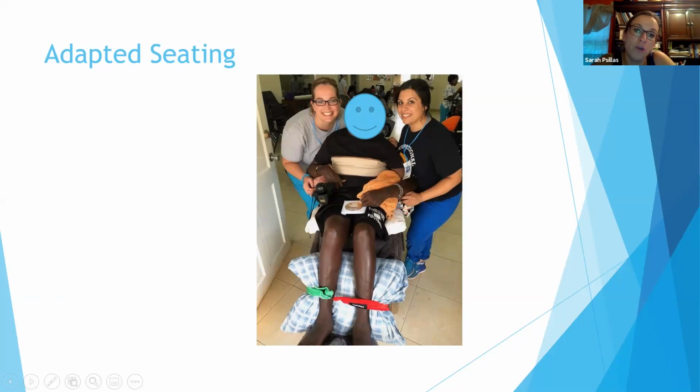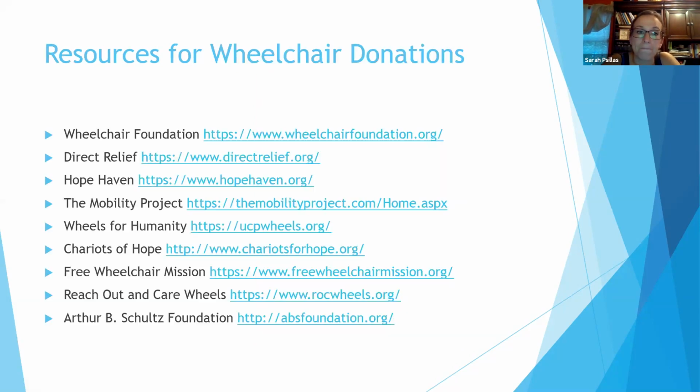So again, just a reminder that if you're using bungee cords or belts to hold people in a certain position, make sure that you're checking their skin, or their caregivers are checking their skin, to make sure that they can tolerate it.